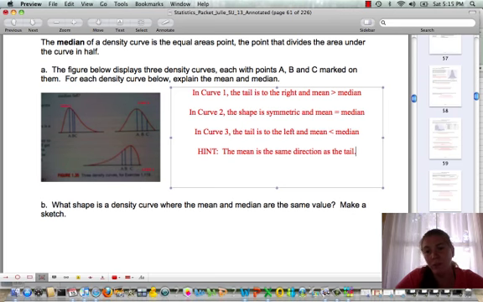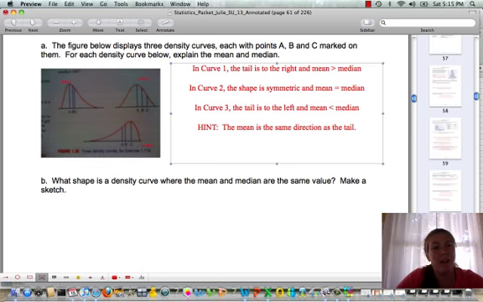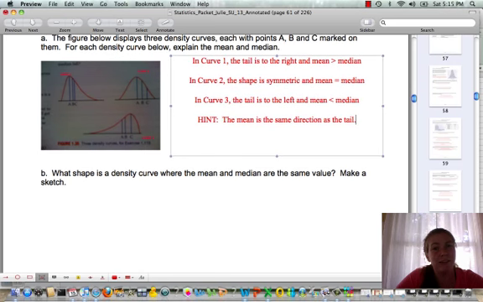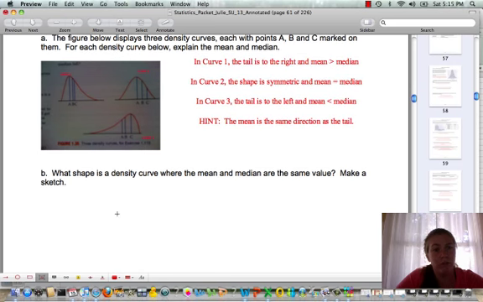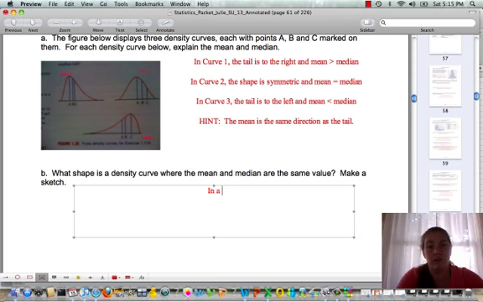So question B asks, what shape is the density curve where the mean and the median are the same value? So we see that a symmetric curve is that shape. So we can say in a symmetric curve, the mean and the median are equal.